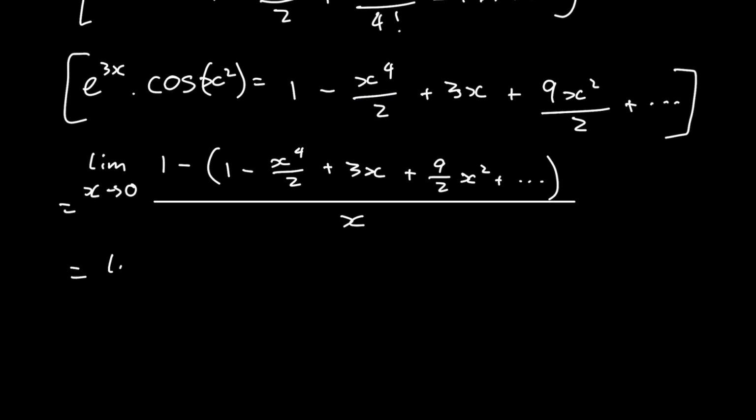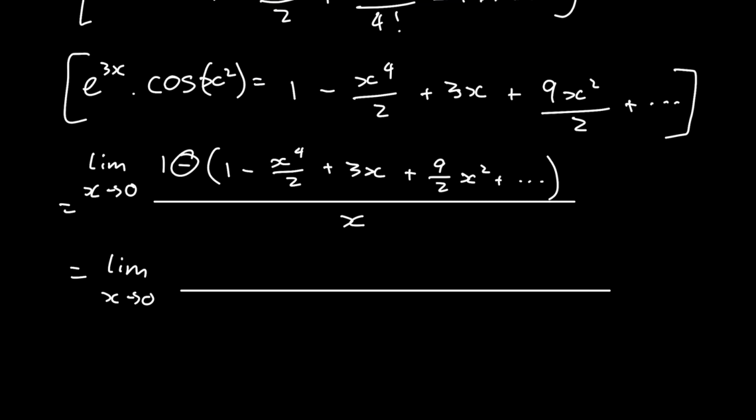So now you'll notice that those ones cancel and we get this negative will distribute, and so the negative times that will become positive x to the 4 over 2, minus 3x, minus 9 over 2 x squared, all over x, and then still again, plus all these terms that are arbitrary, and you'll now see why they are so arbitrary.